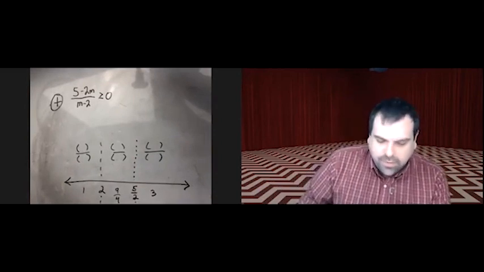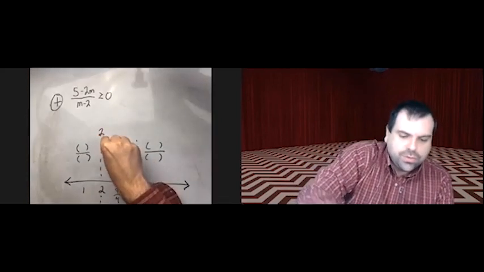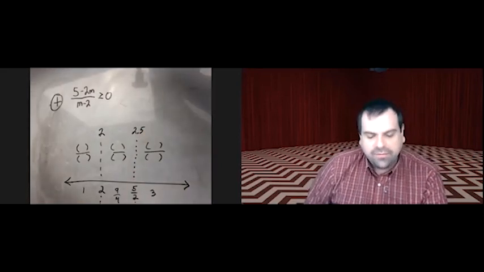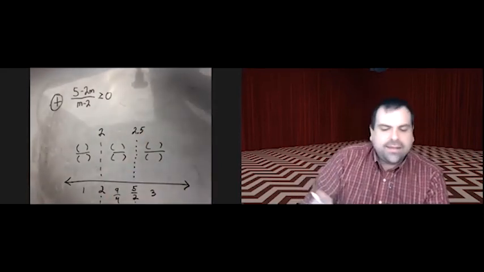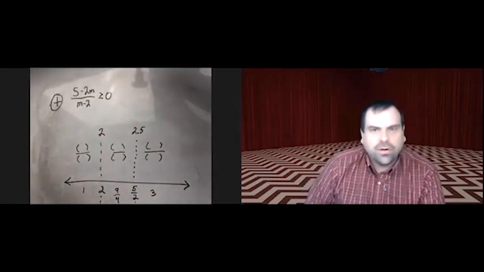Another thing you might consider, if this is 2, I know I said stay away from decimals, but maybe it'll be easier for you. This is 2.5. In the middle, you can pick anything. You can pick 2.1, 2.2, 2.3, 2.4.